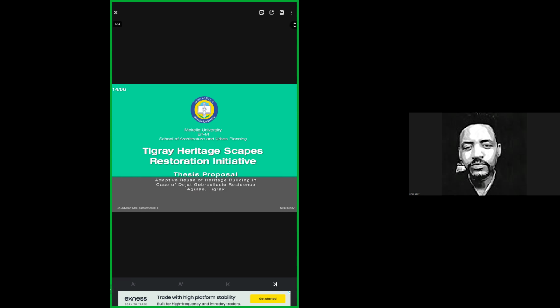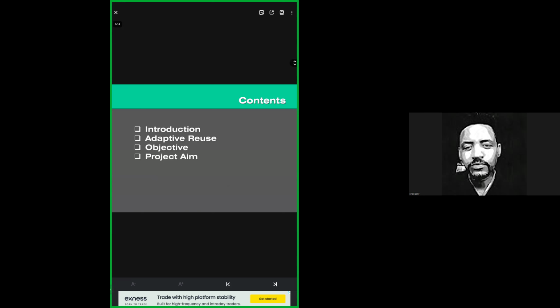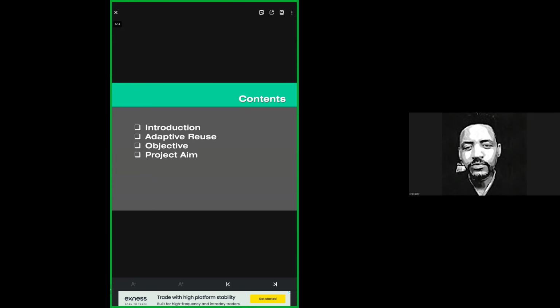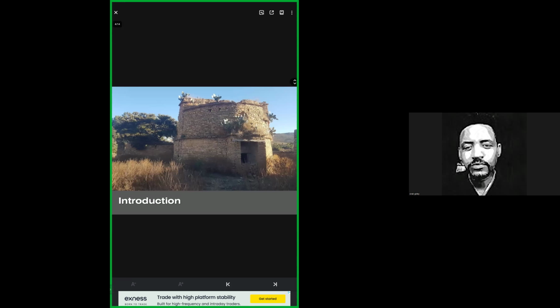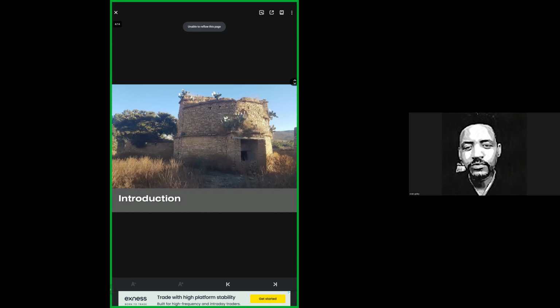I will cover a few points about the thesis proposal and the strategies to deal with the problems. First, this is the building of the Dejat Gebresilasie residence.